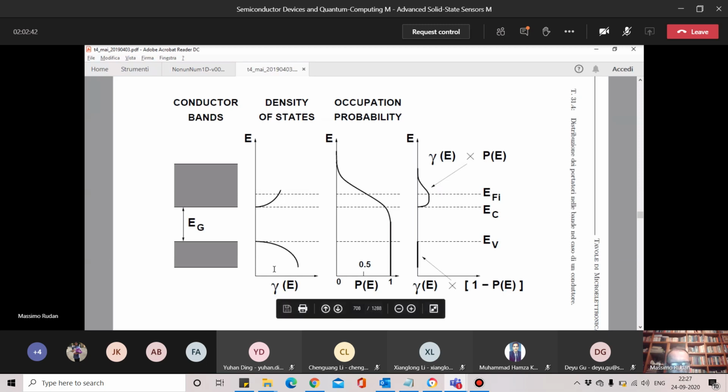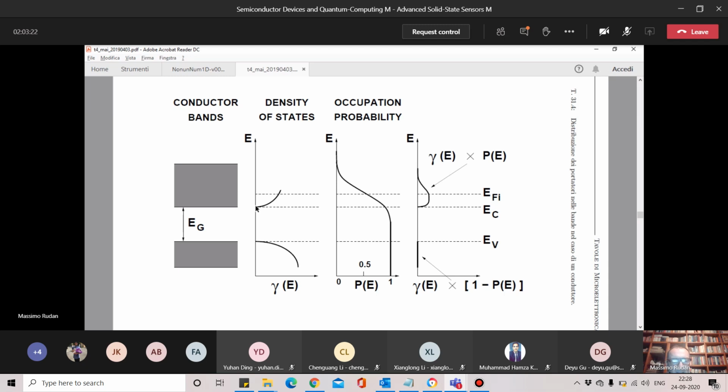In the second part of the figure from the left, you have the combined density of states, gamma. Be careful that the diagram is rotated. So here, the energy axis is vertical, and the function gamma is shown on the horizontal axis. So the two axes are inverted. These two curves in black represent qualitatively the density of states.